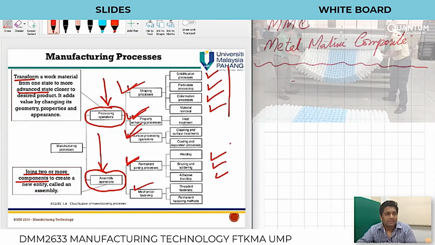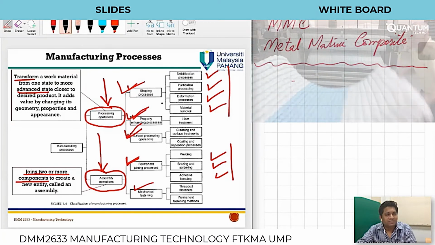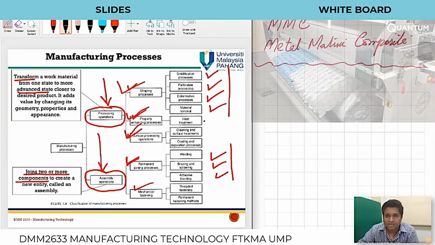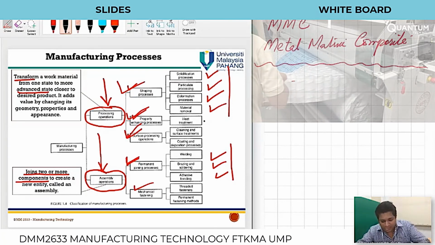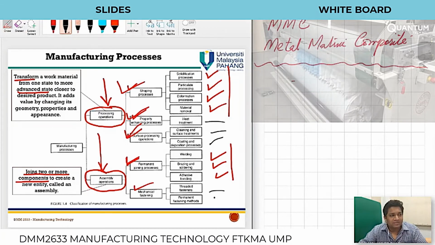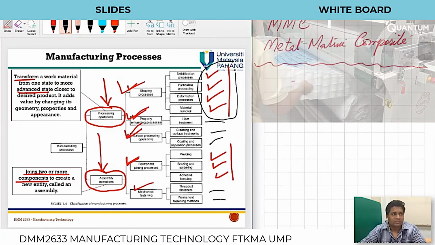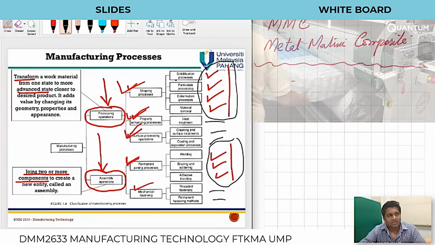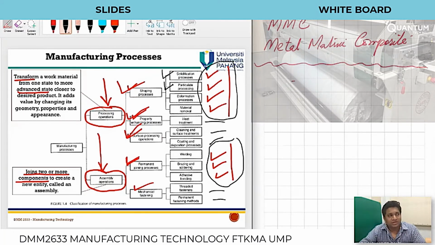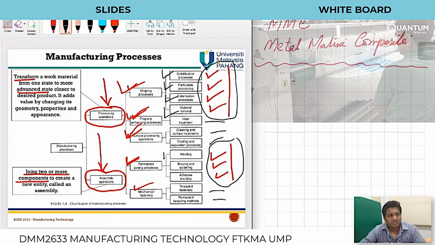Okay, the rest of them are basically advanced manufacturing. So if you are going to take bachelor's course or master's course, then you will learn heat treatment, cleaning, coatings, threaded fasteners, and permanent joint. So for this course, we are limited to these operations only. So let's have a look at what is solidification, what is particulate, what is deformation, what is material removal, what is welding.